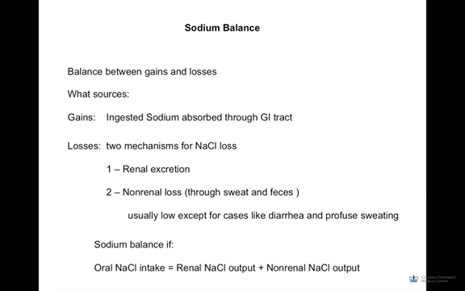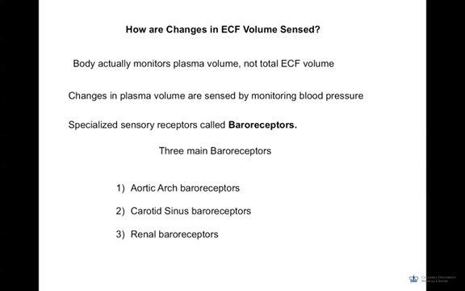Since the renal losses are more significant, we're going to focus our attention on them. So we are going to regulate extracellular fluid volume by regulating the renal losses of sodium. That's where we're going to get to.